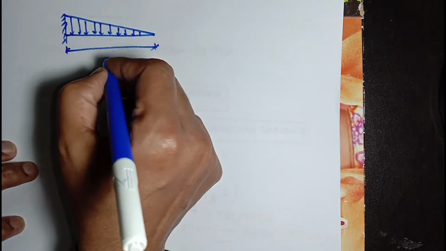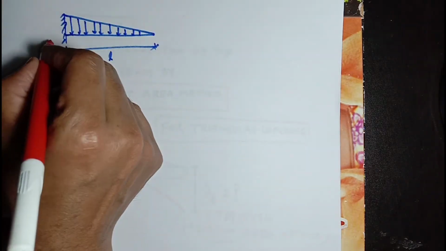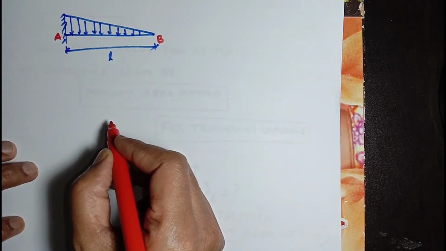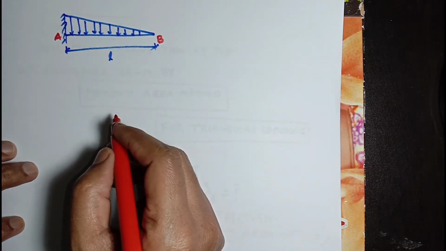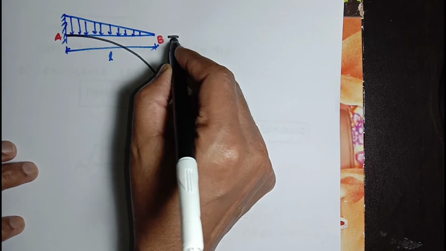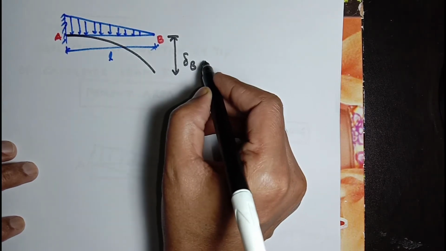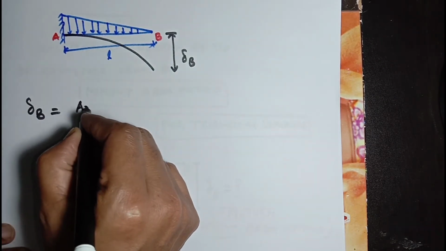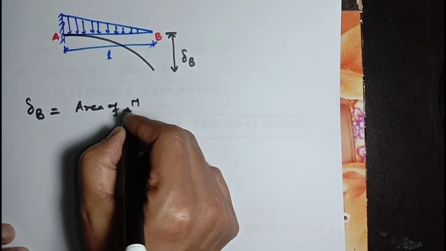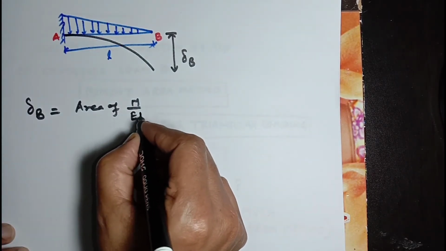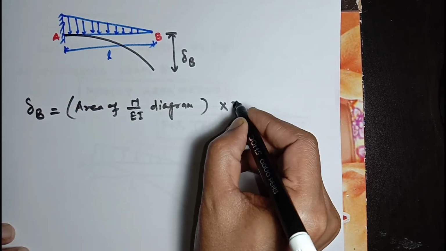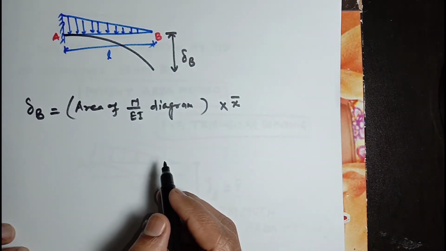Length of this beam is L. This point is A at the fixed support, and the free end is B. Now delta B will be equal to the area of the M over EI diagram for this loading diagram, multiplying with the centroid, which will give deflection delta B at point B.